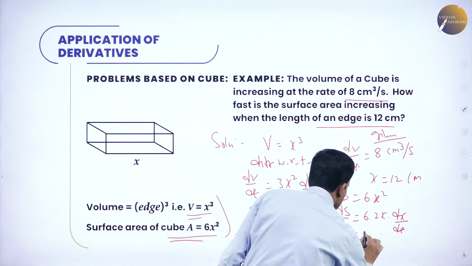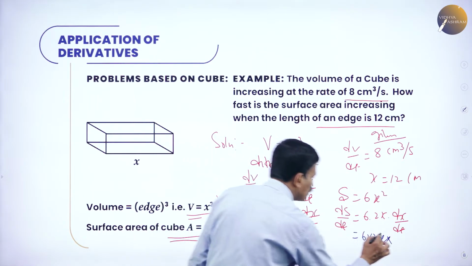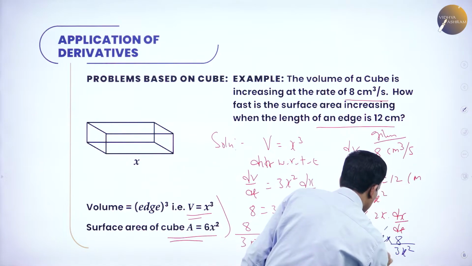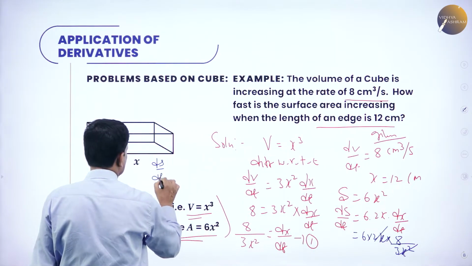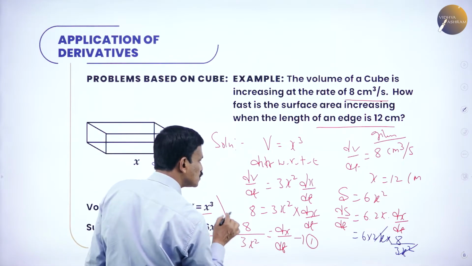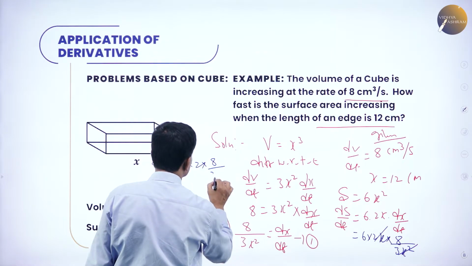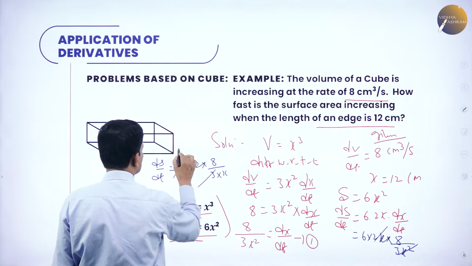This is 6 into 2x into, what is dx by dt from equation number 1? It is 8 by 3x square. One x and x gets cancelled. dS by dt is equal to 6 into 2 into 8 by 3 into 1 by x. So the 3 and 2s get cancelled.